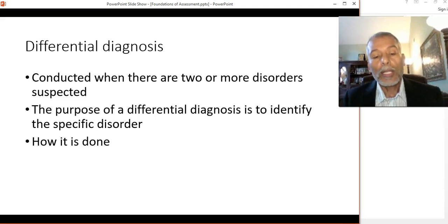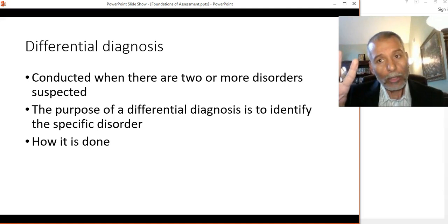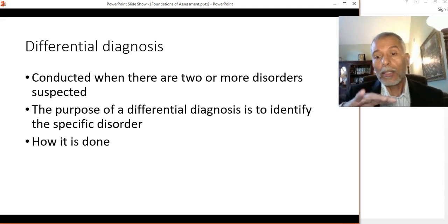So a differential diagnosis is performed when more than one disorder is suspected. Sometimes it is three areas, and you wonder, is it a language disorder? Is it an attention disorder? Is it an auditory processing disorder? These three are commonly confused with each other. And is it a memory disorder?